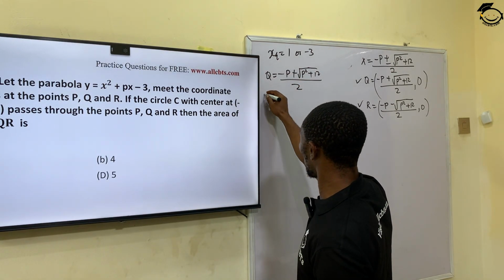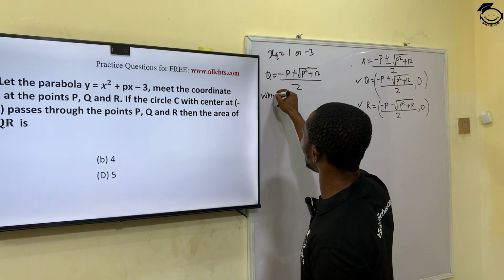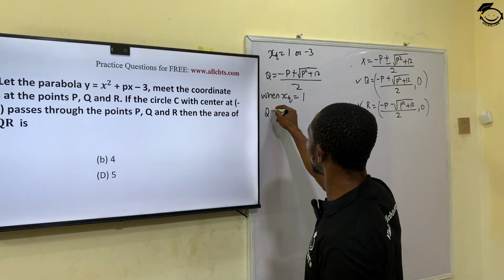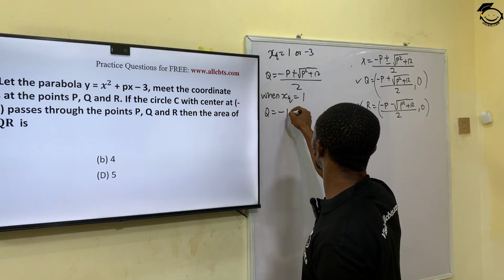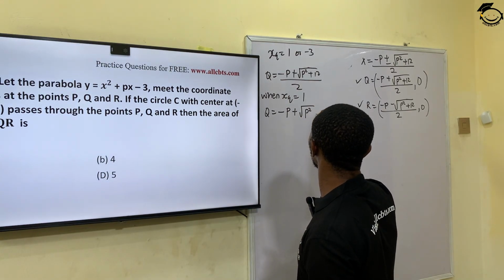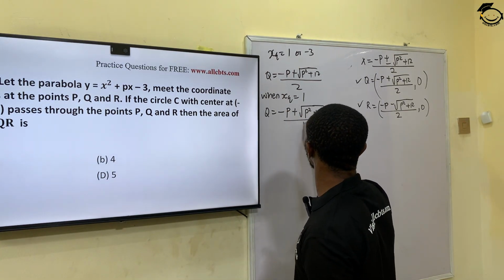All right, so our q value will become, okay, when s cubed equals 1, this becomes q equals minus p plus root p squared plus 12 all over 2.